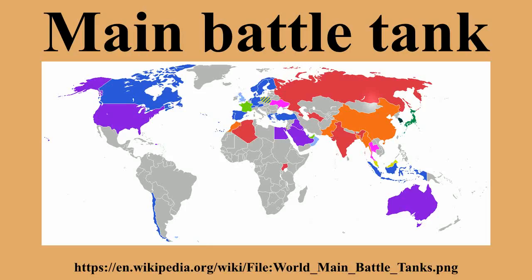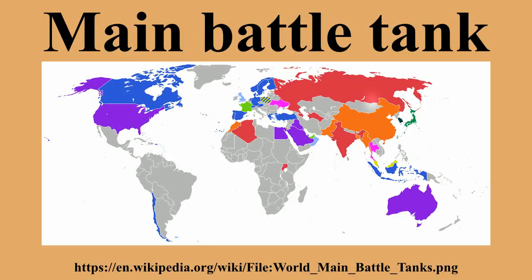Less common rounds are beehive anti-personnel rounds, and high-explosive squash head rounds used for both anti-armor and bunker busting. Usually, an MBT carries 30 to 50 rounds of ammunition for its main gun, usually split between HEAT and kinetic energy penetrator rounds. Some MBTs may also carry smoke or white phosphorus rounds.